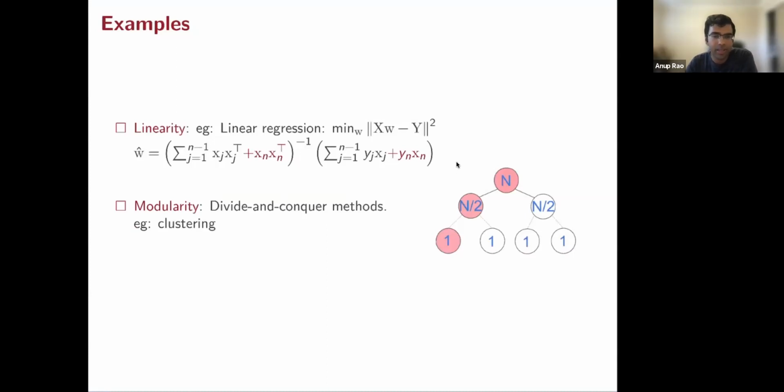Just to give some examples where we can do unlearning efficiently, let's consider a linear regression problem. So linear regression is, we want to find the W that minimizes the squared norm of Xw minus y, whole squared. Y are the labels and X are the covariates.